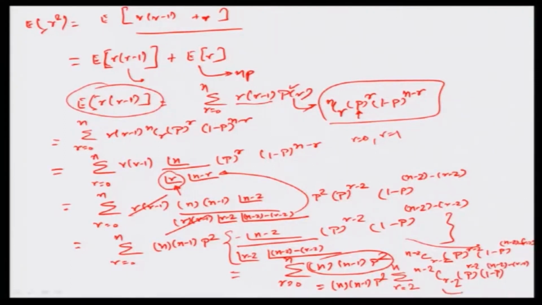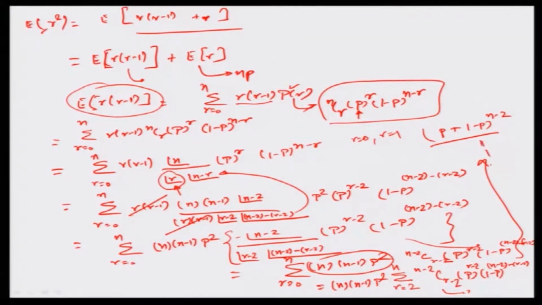So, this is nothing but 1, because this actually is a representation of p plus 1 minus p to the power of n minus 2. So, that is how you represent these distributions, and obviously this becomes equal to 1.